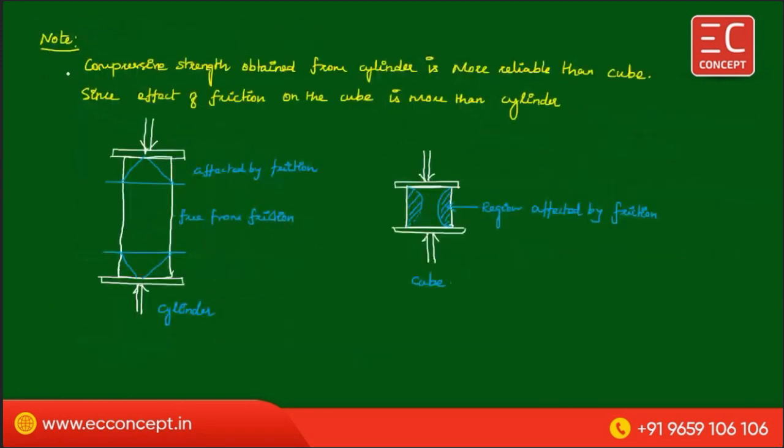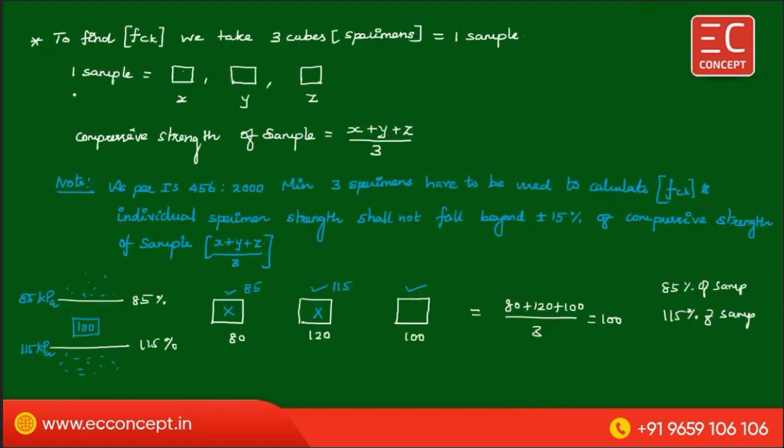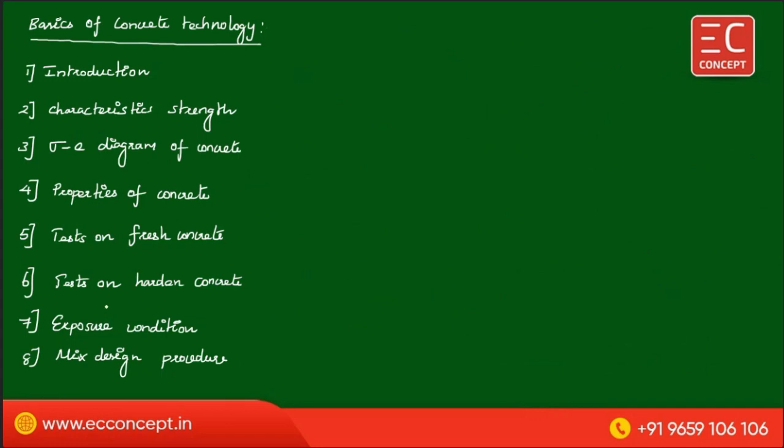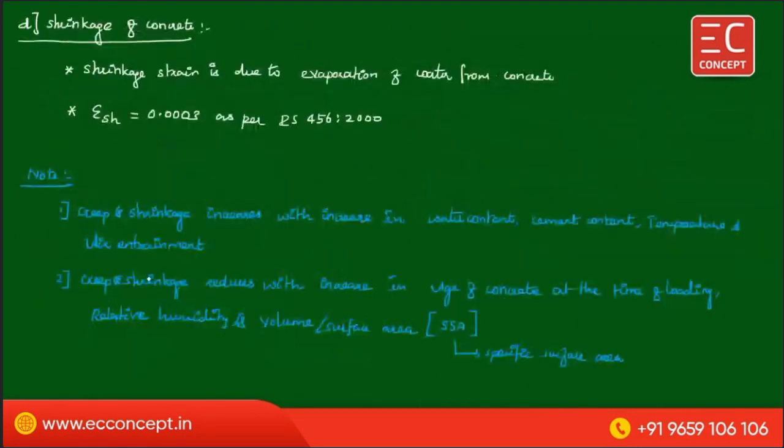I think this is under the chapter segregation, under concrete technology: tests on fresh concrete, tests on hardened concrete, exposure condition, mix design. Okay, fifth one, tests on fresh concrete.